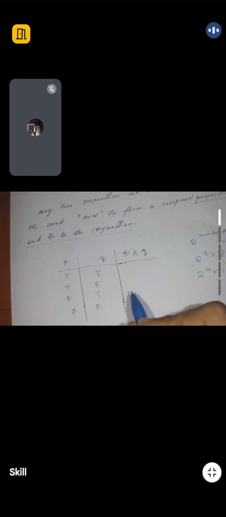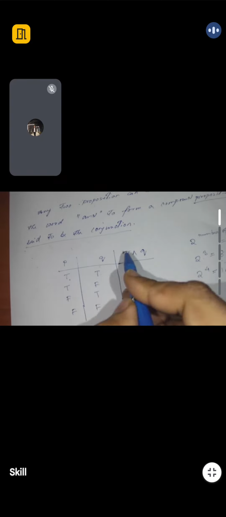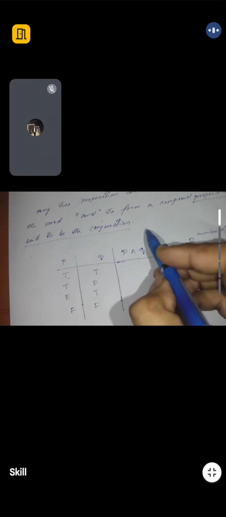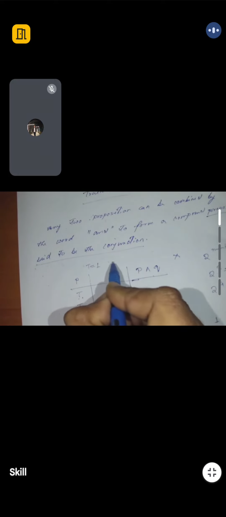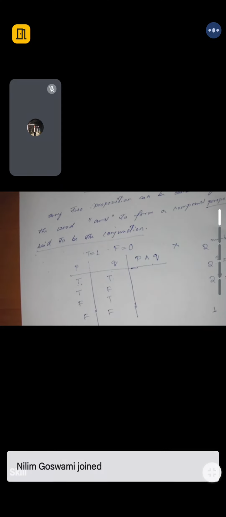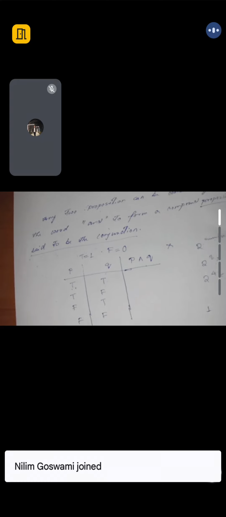I will just talk about the two variables only. For P and Q, always remember the symbol means multiplication. We know that in computers true is denoted by 1 and false by 0. If you forget the output, just multiply.